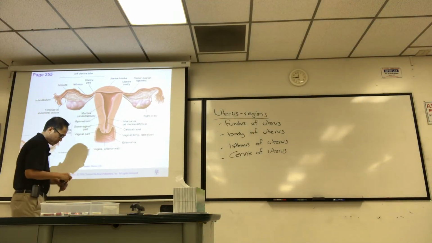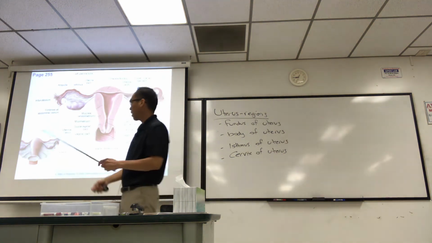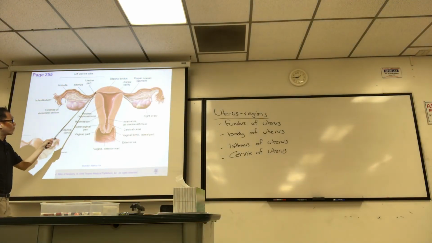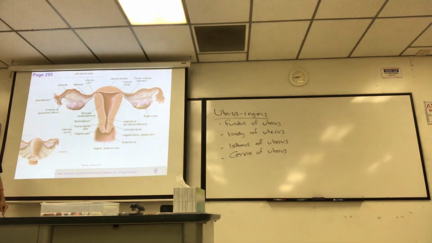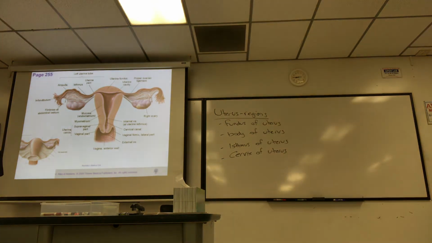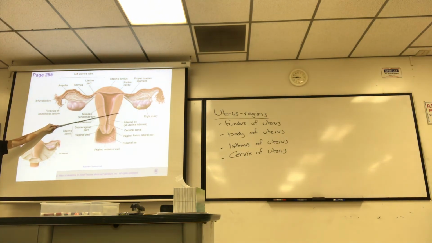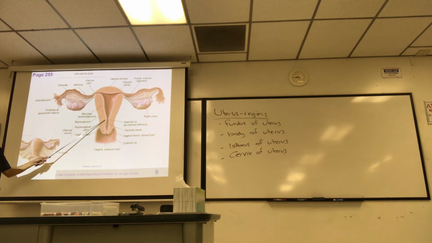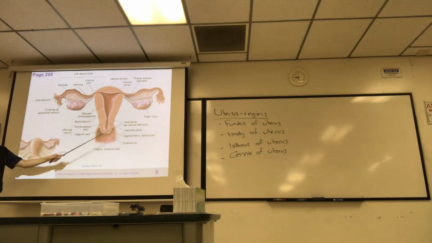So let me point to these three regions here now. The fundus, that's the part you can palpate over the pubic bone, but it's just the top round part. Most of it from here to here is the body. Body always means that anatomy, it's the bulk of the organ. So it kind of goes all the way down, but do you see how as you go down it kind of narrows? That constriction right here, where they call it the internal os, that's where the isthmus is.